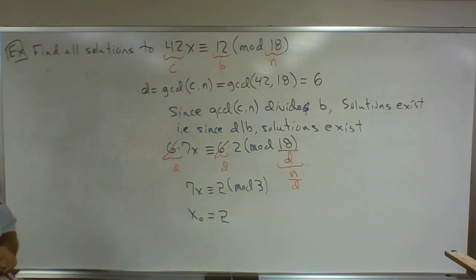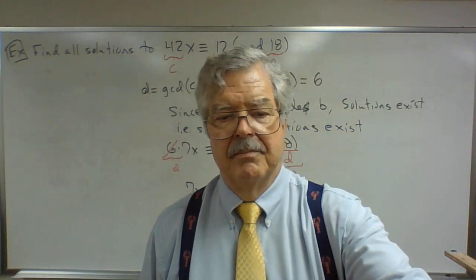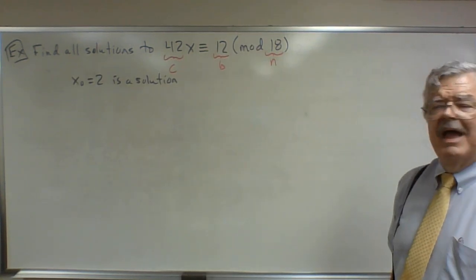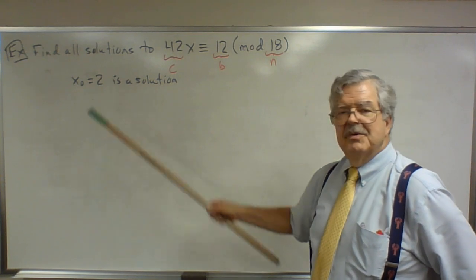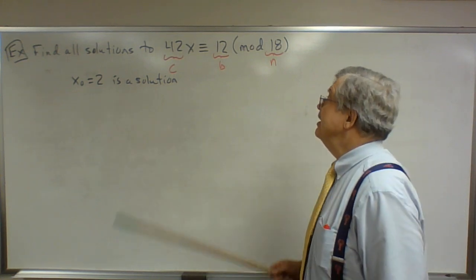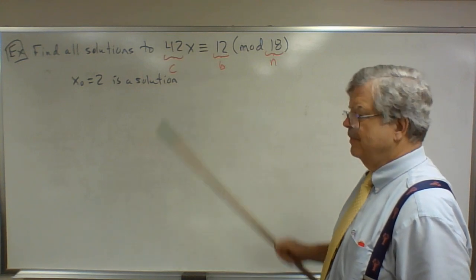Now we're going to find the general solution. X naught equal 2 is not only a solution to the reduced congruence, but it's a solution to the original congruence as well.